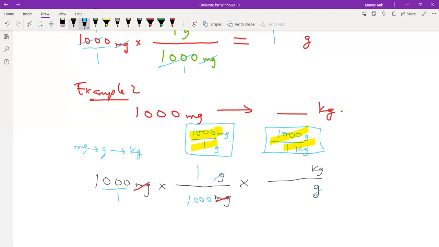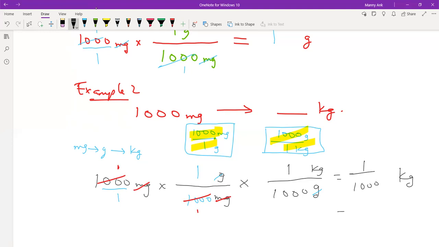So we're on the right path. 1 kilogram is equivalent to 1,000 grams. Let's cross out what we have here: 1,000 crosses out 1,000. So 1 times 1 times 1 is 1, and we still have 1 over 1,000.